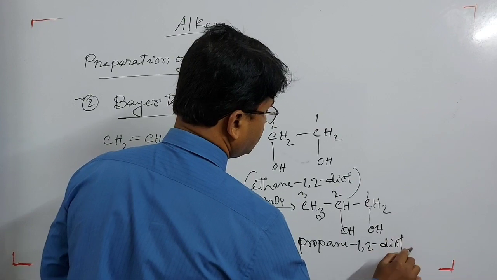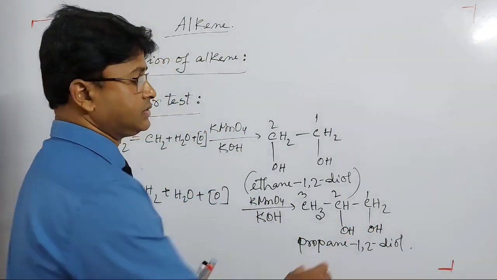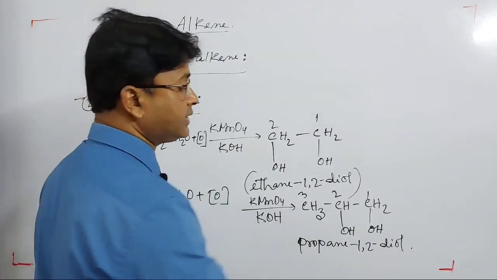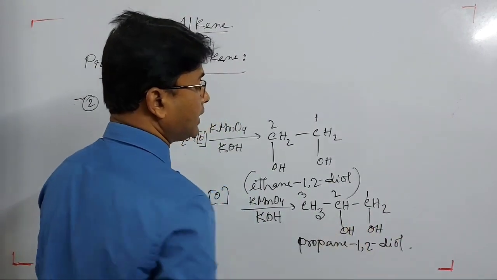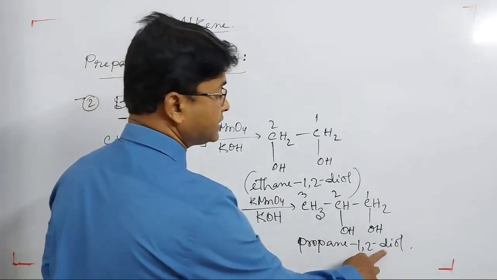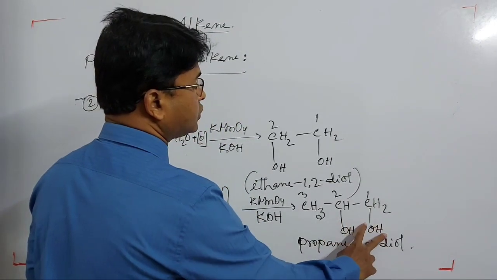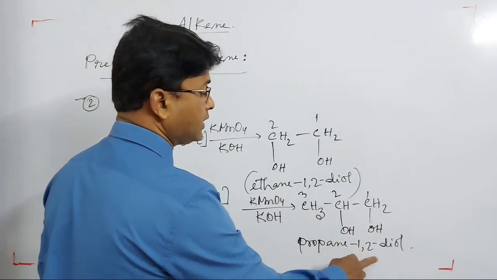Dear students, due to the hydroxy group, and actually those are alcoholic OH, due to the alcoholic OH it will be ol, and as there are two alcoholic OH, that's why I have written here di, and the positions of the OH groups are 1 and 2 carbon atoms, that's why I have written here 1,2.